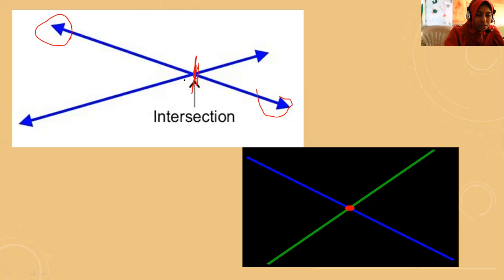These two lines are crossing and touching each other, so you can say that these are intersecting lines. Now I draw a figure here like this. This is my one line and this is my second line which are crossing from here.